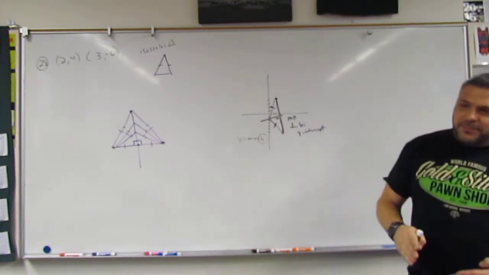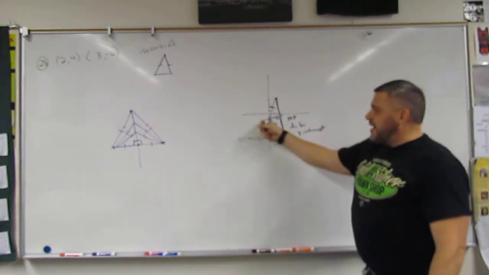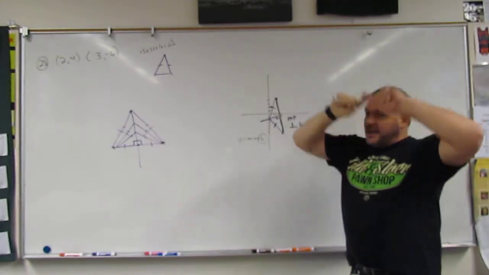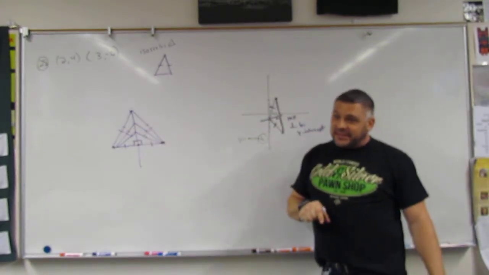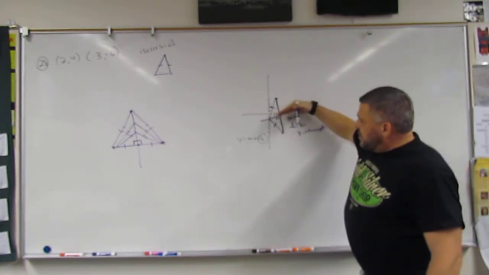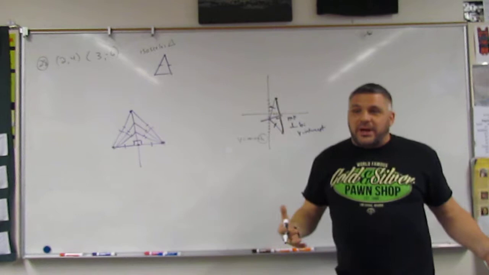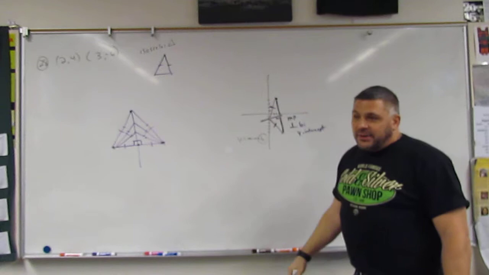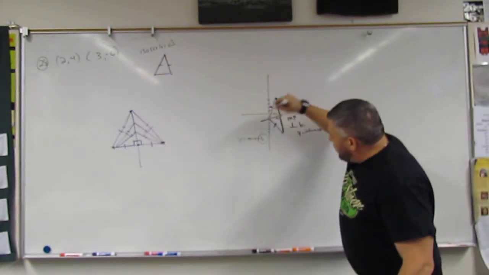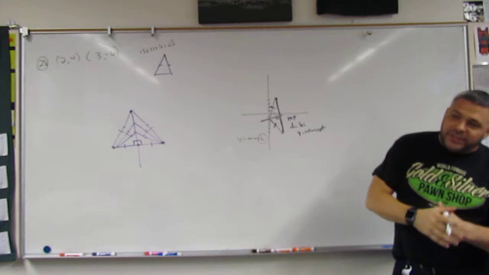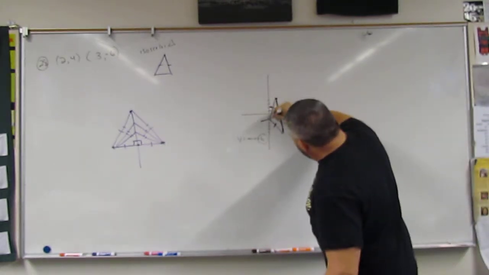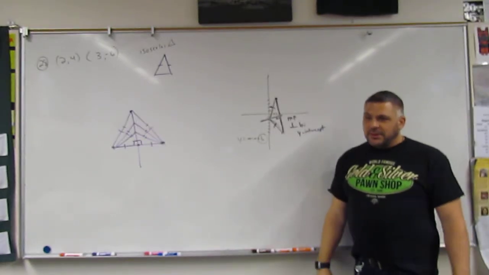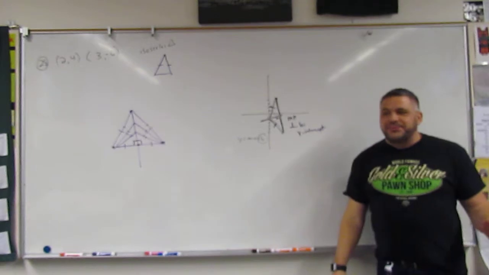I found a line perpendicular to this line that goes through this midpoint, making it a perpendicular bisector. Once I find that line, I throw it in y equals mx plus b, and that gives me the y-intercept. Once I have my y-intercept, I have the point that's off of the line that would create the triangle that we want. So that's our steps.